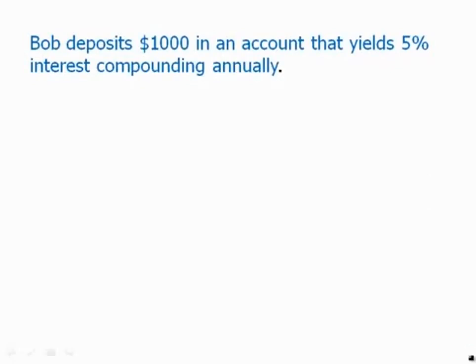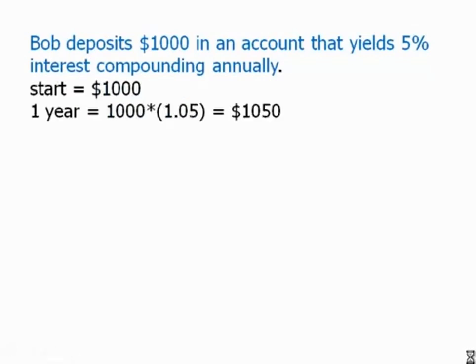So for example, Bob deposits $1,000 in an account that yields 5% interest compounding annually. So that means that every year, the amount in the account is going to experience a 5% increase. So it's going to get multiplied by 1.05, which is the multiplier for a 5% increase. So we start at $1,000.